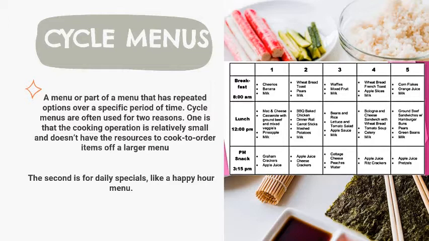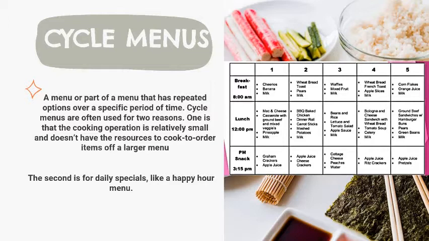I will give you a simple example so that you can understand more. Okay, think of a sandwich shop that offers a certain sandwich on Monday, then another sandwich on Tuesday, and so on for the rest of the week. If they stick to those sandwiches on those days and repeat that week after week, it's called a cycle menu.